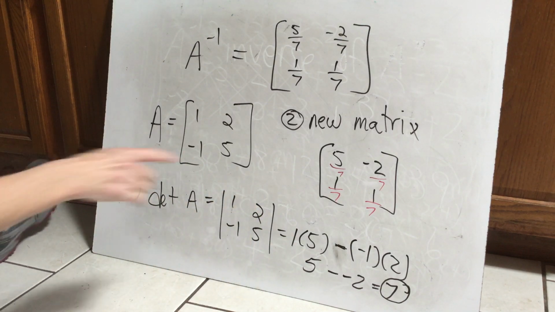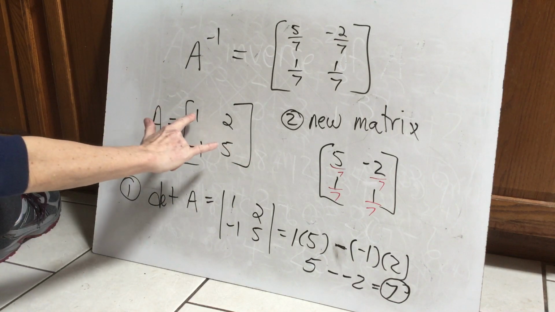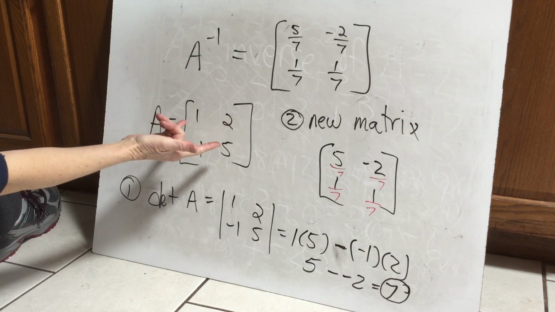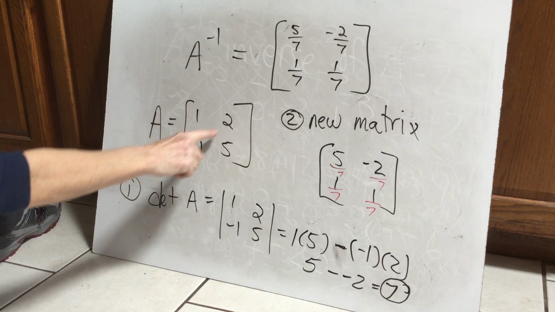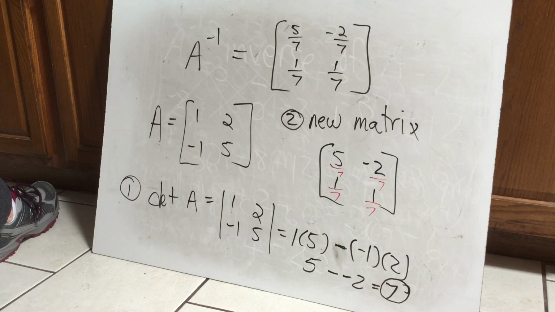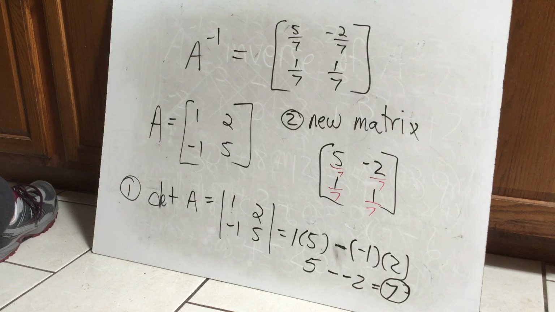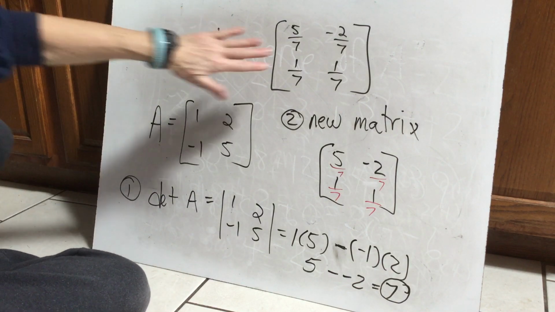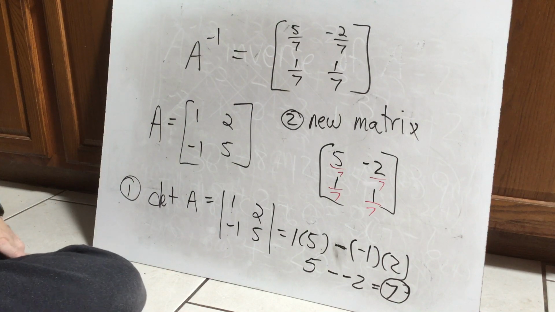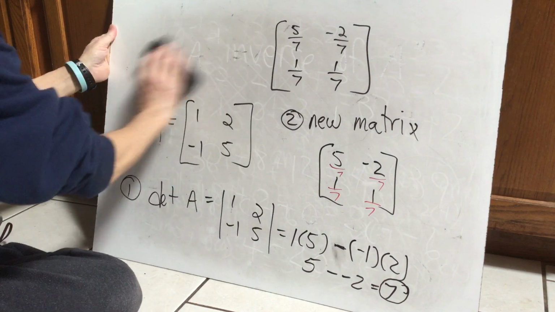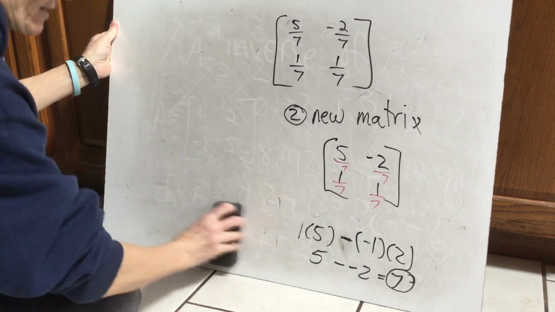Then we built this new matrix by taking these two and switching their places, and these two and switching their signs. And then we took those new numbers that we got and divided them all by the determinant. And that is how we got the inverse, which is full of fractions, which is fine. That's how it is. Let's try the next one.